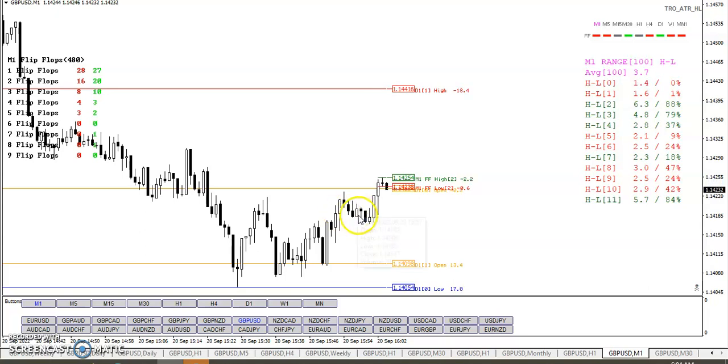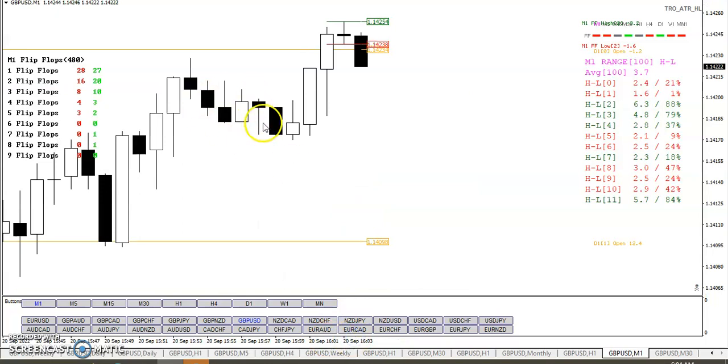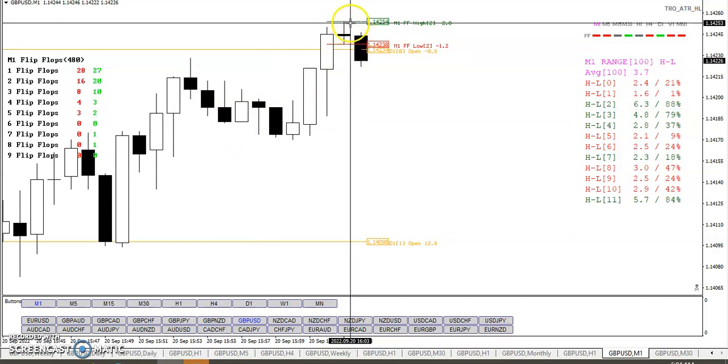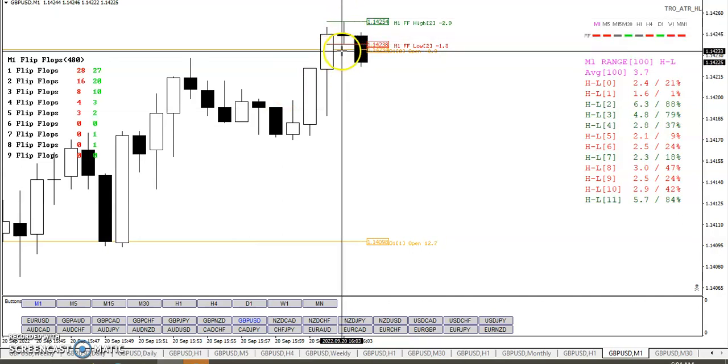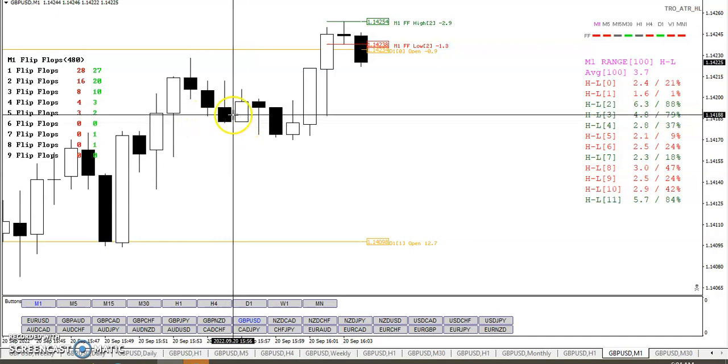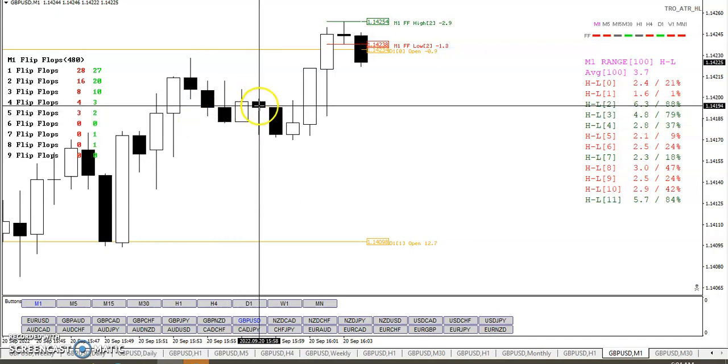And so what we had here was we had a flip from this candle. Let me make it a little bit bigger. So right here we had a flip, then we had a flop. So the way I have this set up is it always puts the lines at the high and low of the flop candle. So this is a flip flop, flip flop.